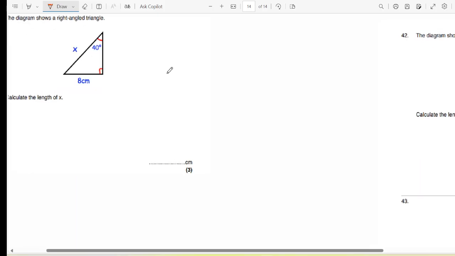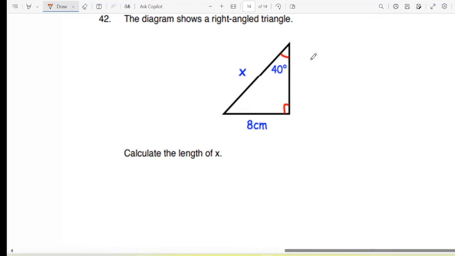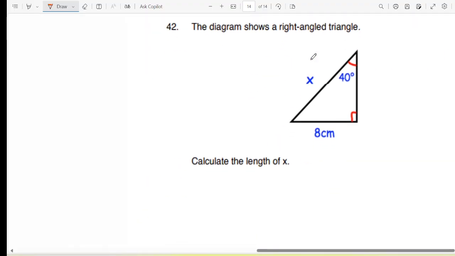Next is this question. There is a right angle. So this angle is 40, this is the right angle, and this side is given.